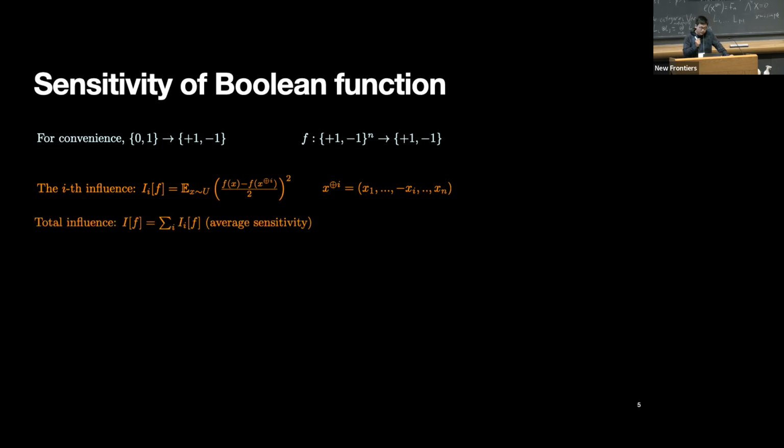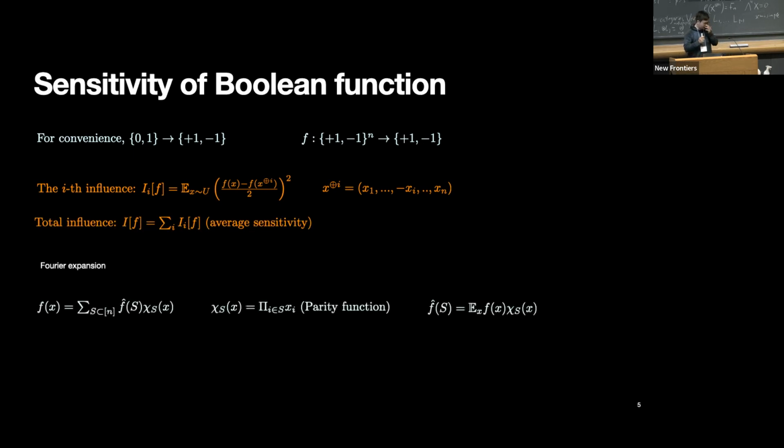And if we sum them together, we get a quantity called the total influence. The total influence is sometimes also called the average sensitivity in the literature. Now, if we write the Boolean function in the Fourier expansion, here the basis function is called the parity function, and the coefficient f-hat(S) is just the Fourier coefficient.